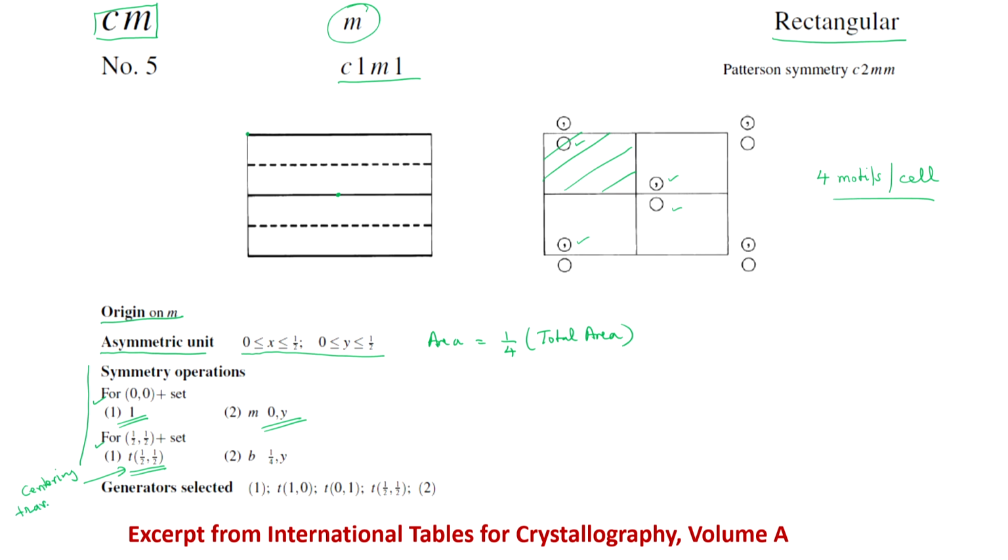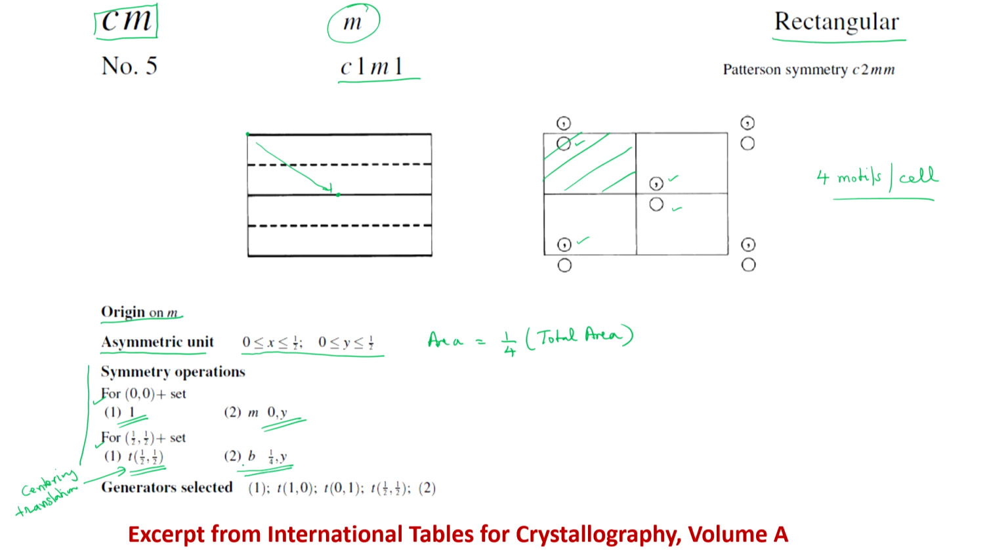And this is also a lattice translation, which takes fractional units T half, half. Essentially, this is nothing but the translations from the corner to the center. Then we look at what symmetry this is.